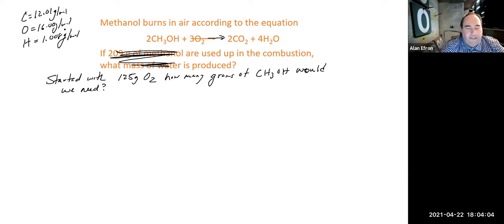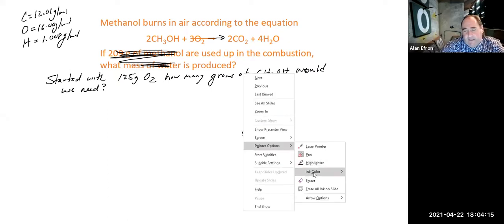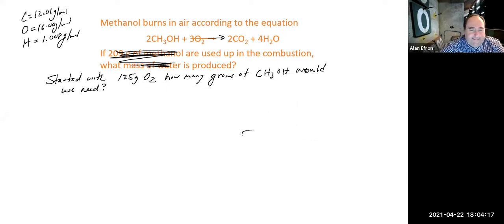Okay, so let's see how we're doing. So again, basic stoichiometry problem. We really just got one thing given to us, which is the 125 grams of oxygen in this case. So same steps, obviously same equation as last time, so it's still balanced. Second step again is to convert what they gave us into moles, and we do need to do that. In this case, 2 times 16 for our O2 gives us 32 grams per mole.